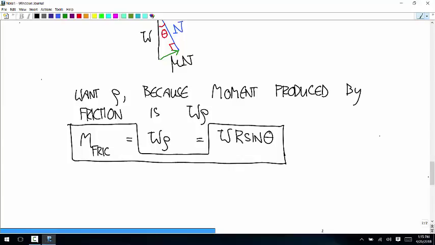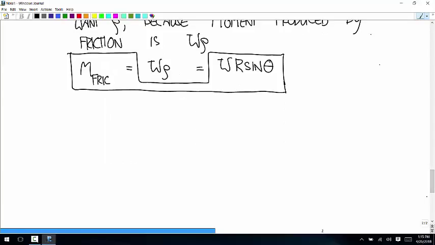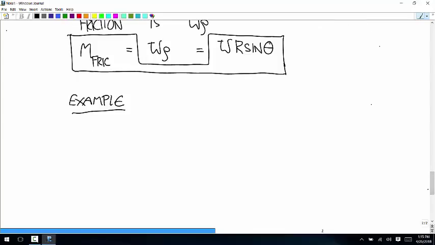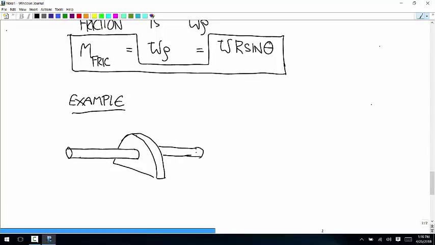So let's say we want to keep this axle rotating.